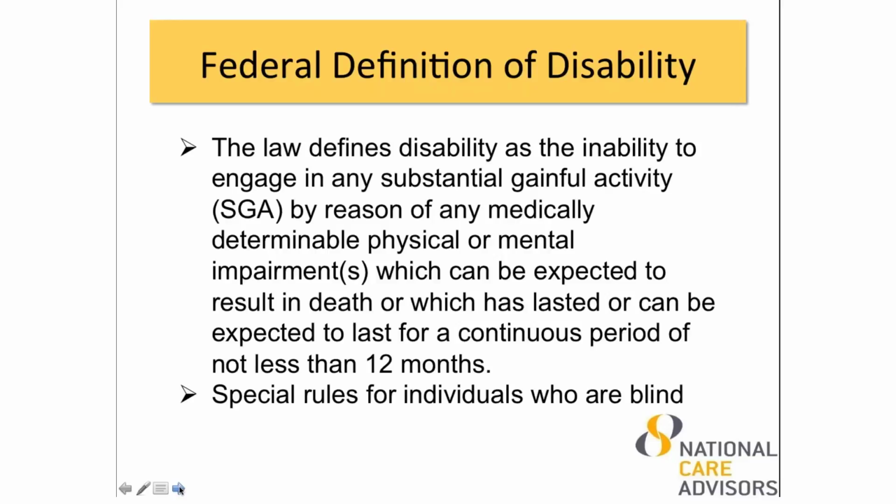So individuals with Down syndrome, autism, cerebral palsy, traumatic brain injury, quadriplegia. Those kinds of diagnoses do fit presumptive eligibility criteria. And so we often are able to jump over some hoops quickly when we have medical documentation that supports one of those presumptive diagnoses.